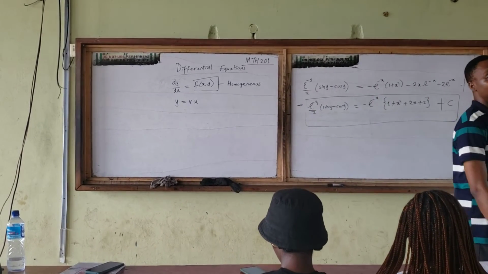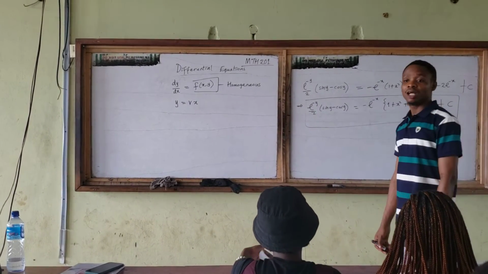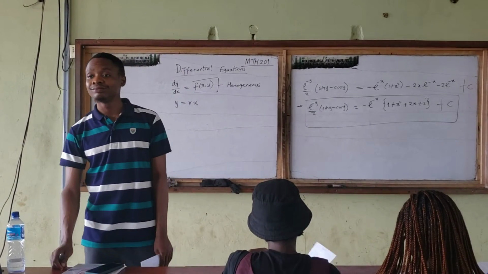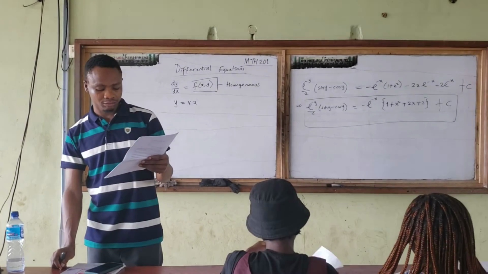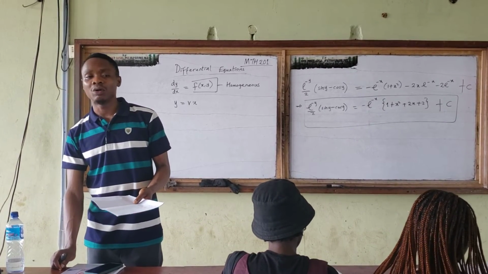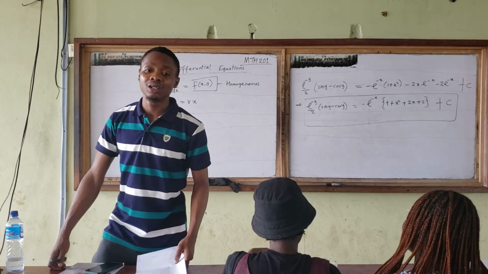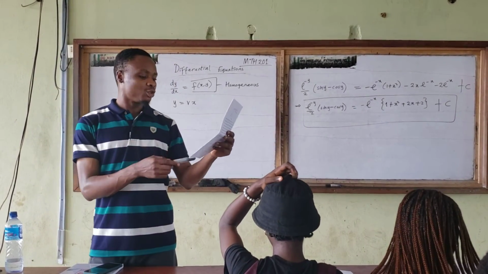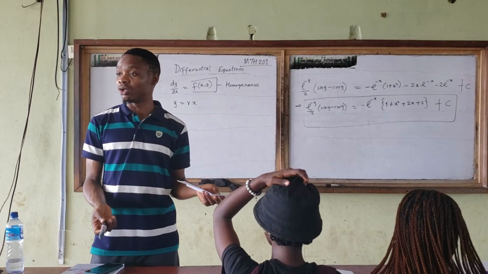Not homogeneous? Why is it not homogeneous? Because there's x and x without y. What are you saying now? If you put k, it will cancel out. I mean, you get k in the numerator and another k in the denominator.